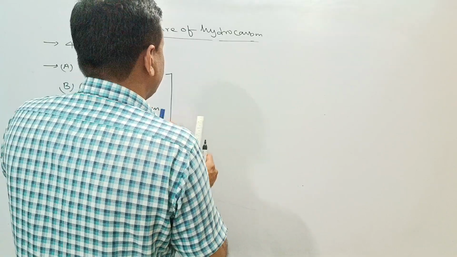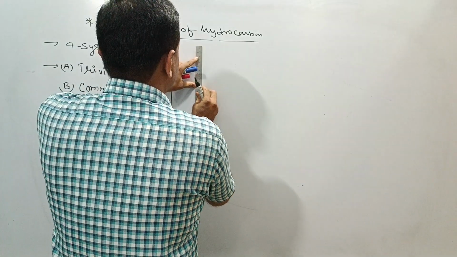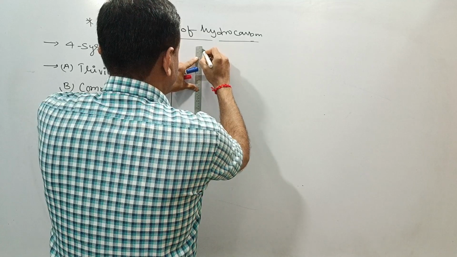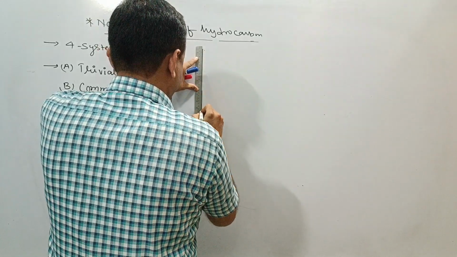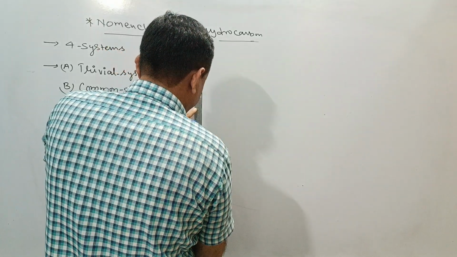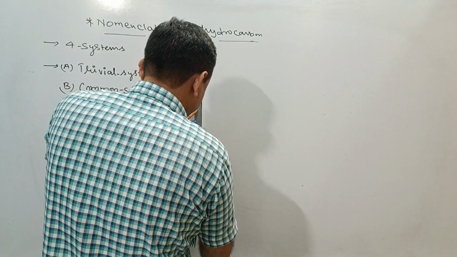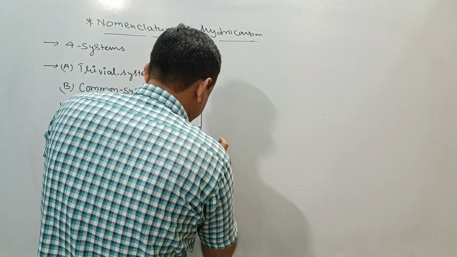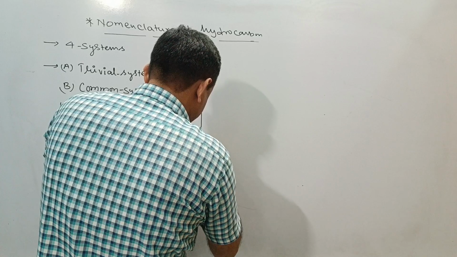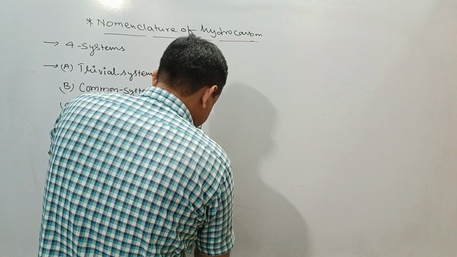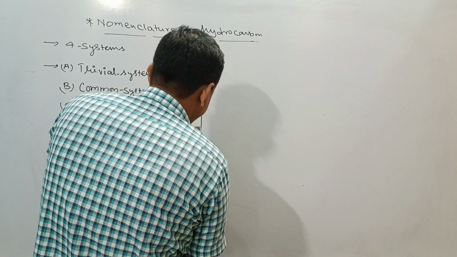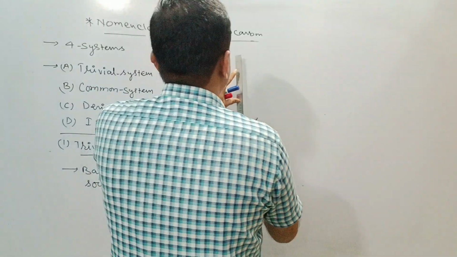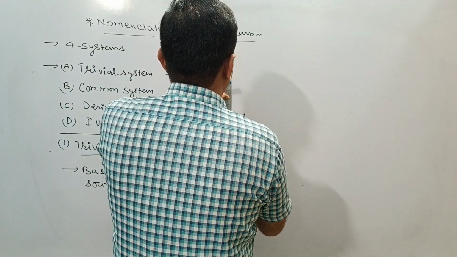If we go with this system, then we can make a table like this. It's very important. The first column is for the serial number. Now the second column is for the compound.